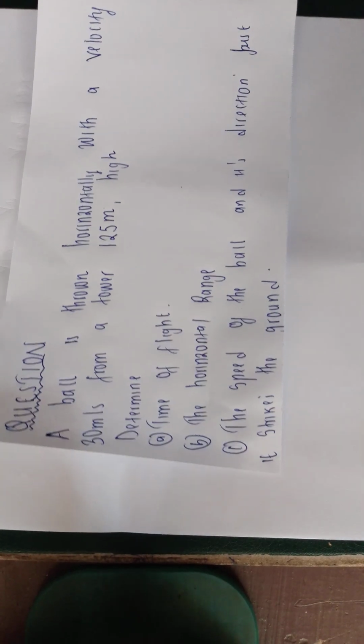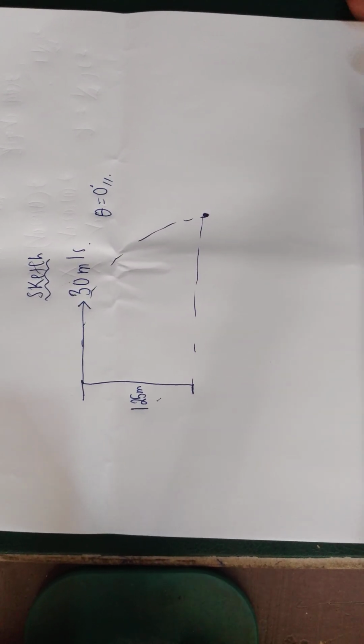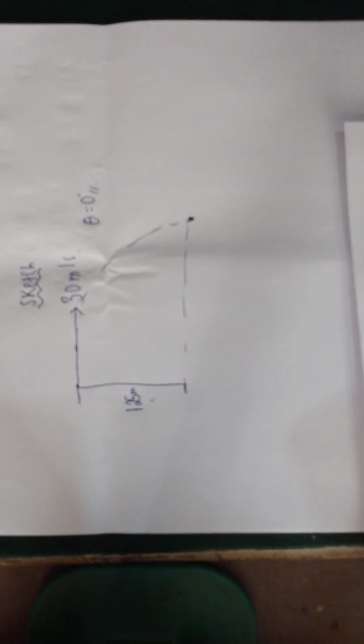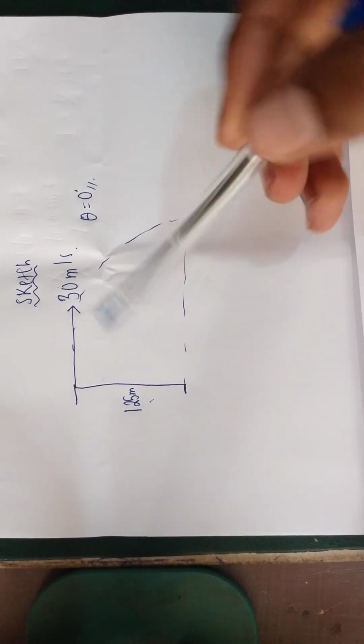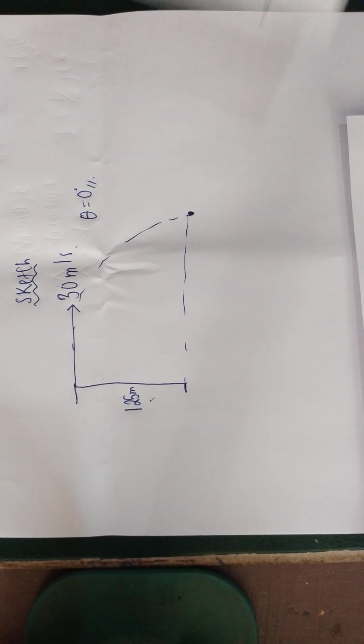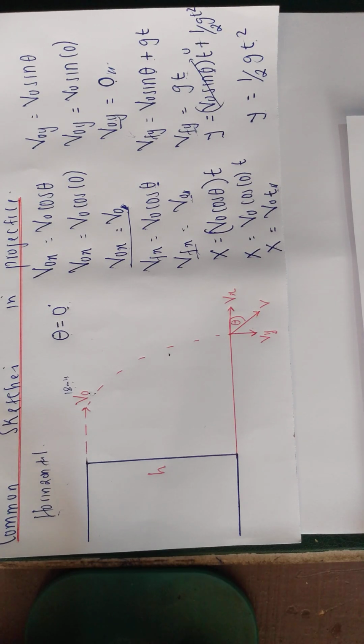They want you to determine, number 1, the time of flight and the horizontal range. So how are you going to determine the time of flight? You look at the data that has been provided. You have the height of the tower, and you also have the initial velocity. Remember this sketch that we had, and these are the formulas that we can apply.